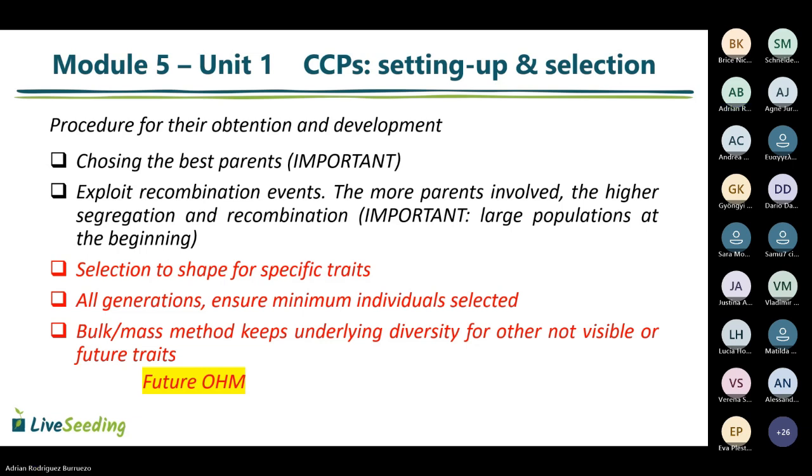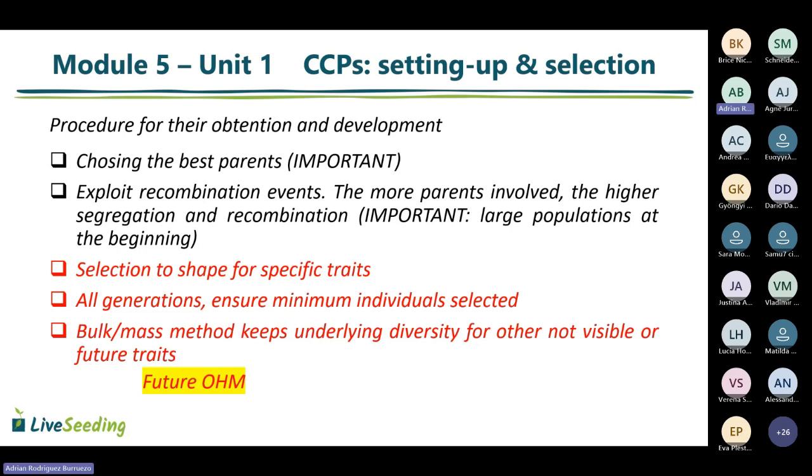But also remember that, apart from going for this good performance, shaping the variety, the future population variety towards these main traits, don't forget that you need to keep diversity underlying.